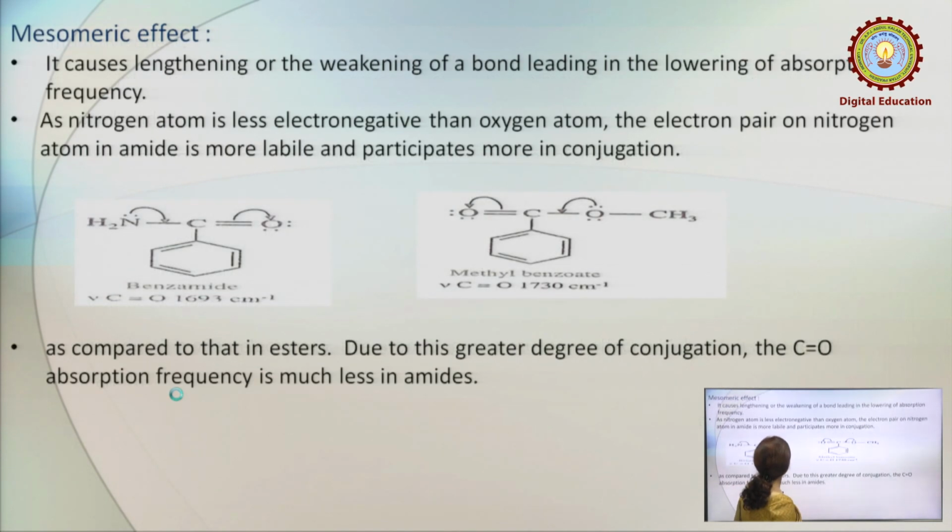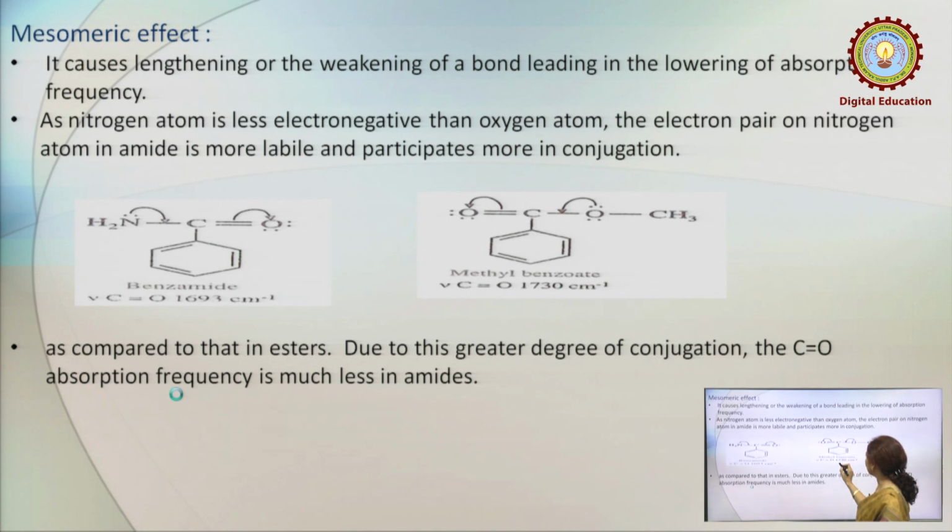Now, we are going to move to the next effect, which is the mesomeric effect. The mesomeric effect, just like a conjugation effect, causes lengthening or weakening of the bond and results in lowering of the absorption frequency. Take the example of benzamide and methyl benzoate. As nitrogen is less electronegative than oxygen, the electron pair on nitrogen in the amide is more labile and participates more in conjugation.